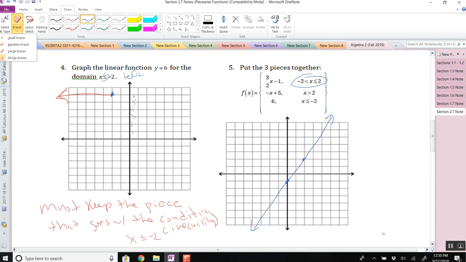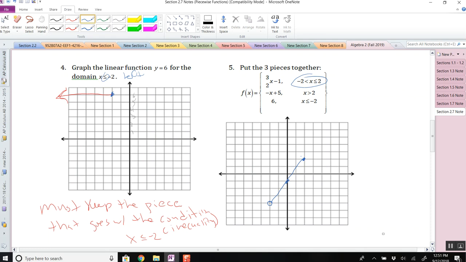So I'm going to erase that line. Open circle, filled in. And notice how it's only between -2 and 2 for x. You don't do it for y, you've got to do it for x because it's a condition for x.